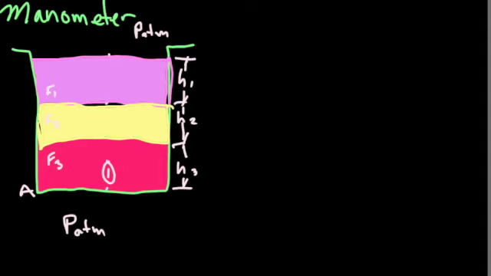So if we want to know the pressure there, it's the total load at the top plus the weight of this pink fluid. So we're going to say it's plus density of the first fluid times gravity times the height of the first fluid. And then I'm just going to change the color a little bit here. We want to know after we have the load here plus the load there.